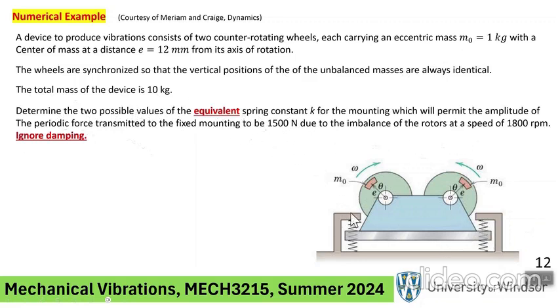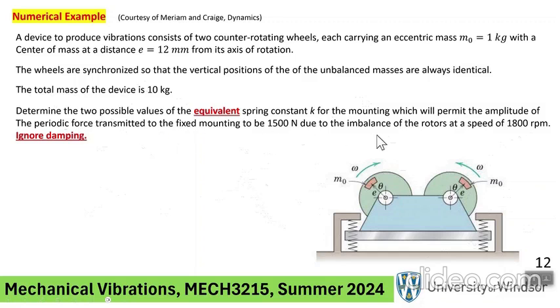It says find the two values of K so that the force transmitted to the ground is 1500 newtons when they're turning at a speed of 1800 RPM. So the whole machine has a mass of 10 kilograms, 1 kilogram here, 1 kilogram here, synchronized, so this is a nice and symmetric problem.